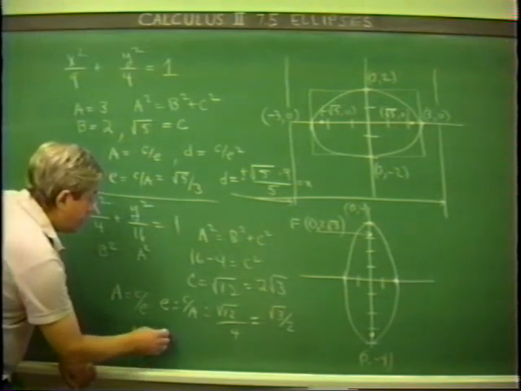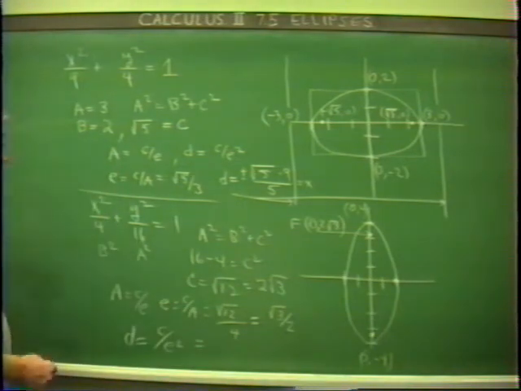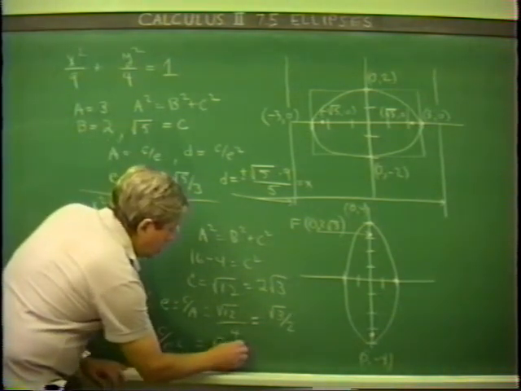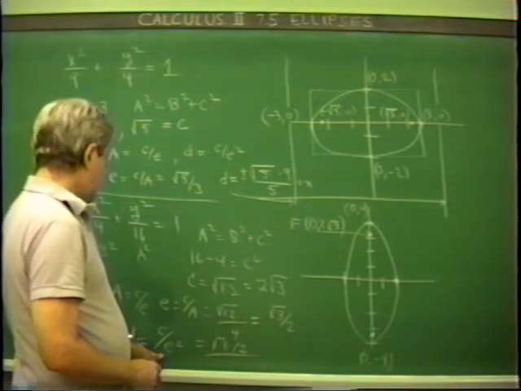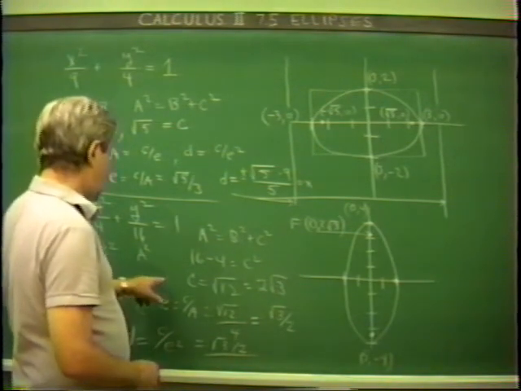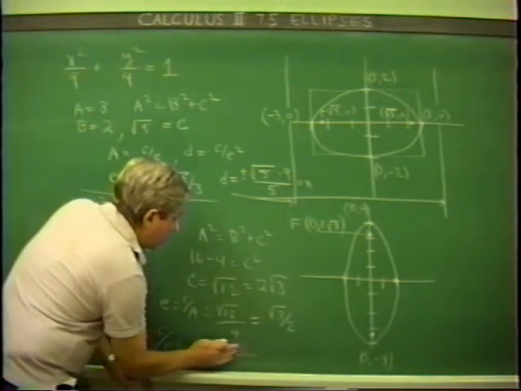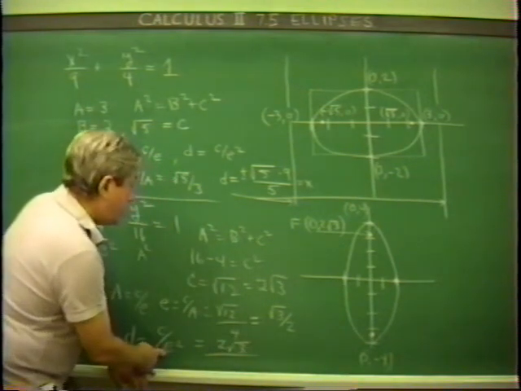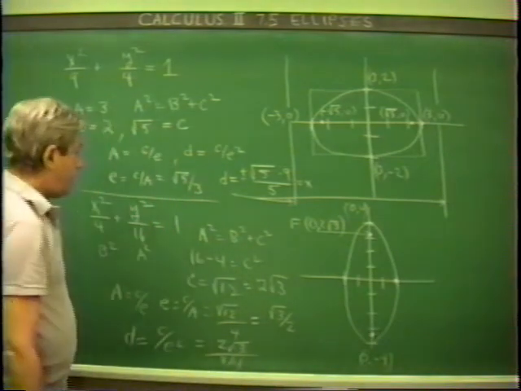And now the directrix is at D, where D is equal to C over E squared, where C is 2 square root of 3 over E squared, which is 3 over 4.